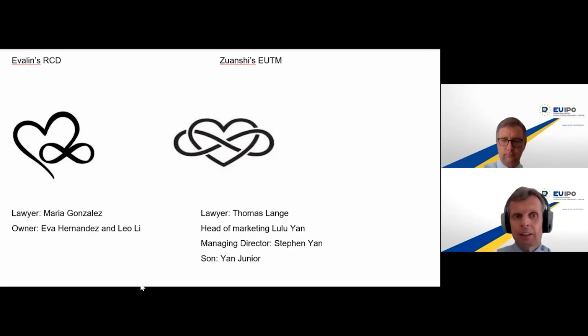So in the EU system, the community design is treated as if it were a trademark in some ways. Okay, so this has resulted in the invalidity division saying that this design is confusingly similar to Swanxi's trademark, and therefore that it should be invalidated for that reason.